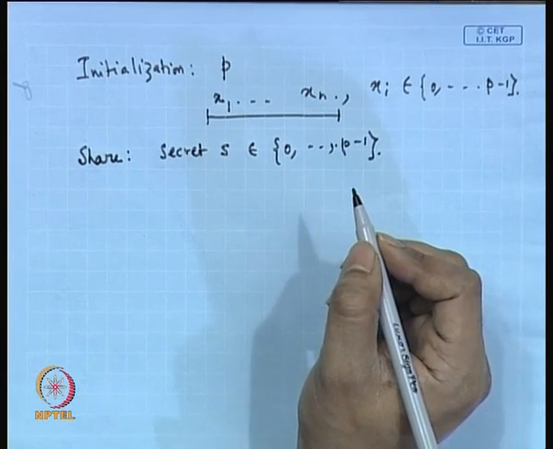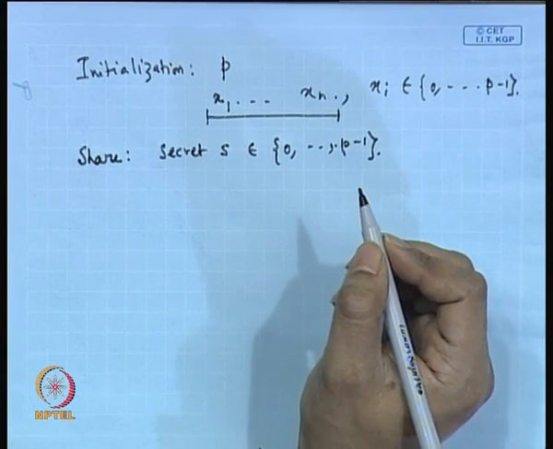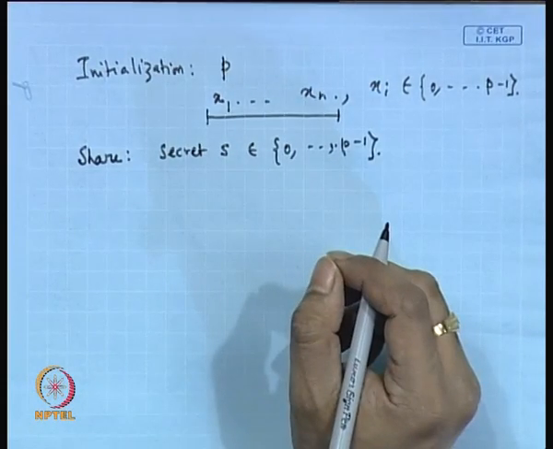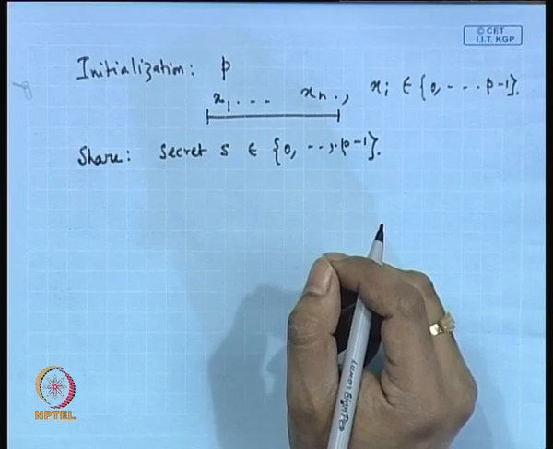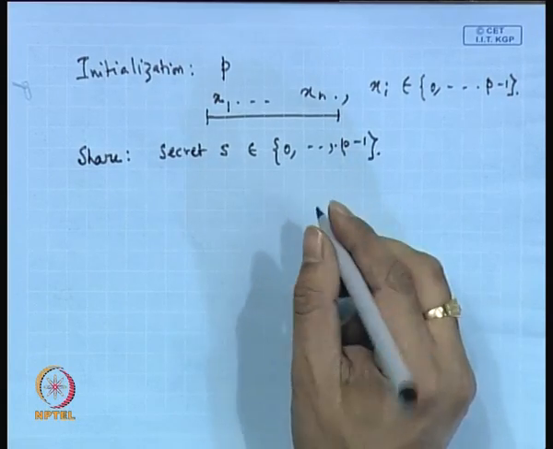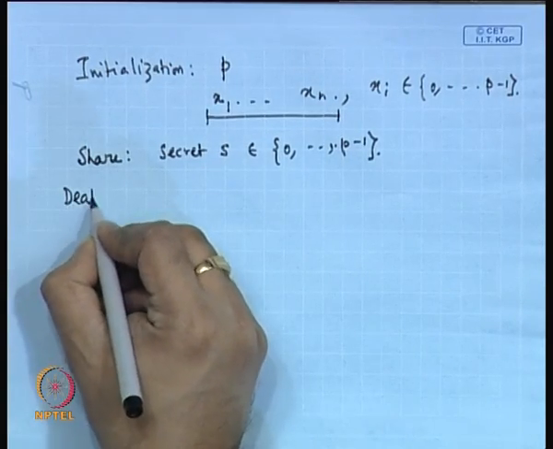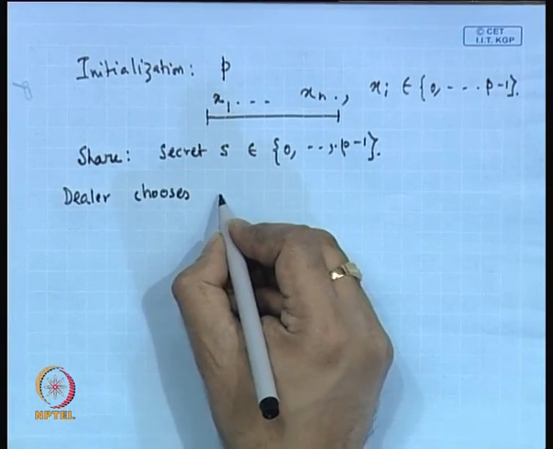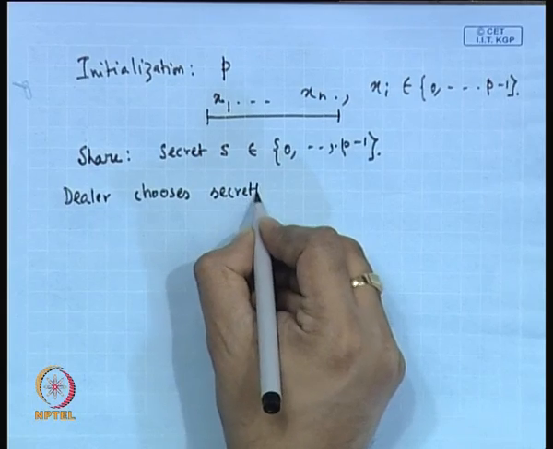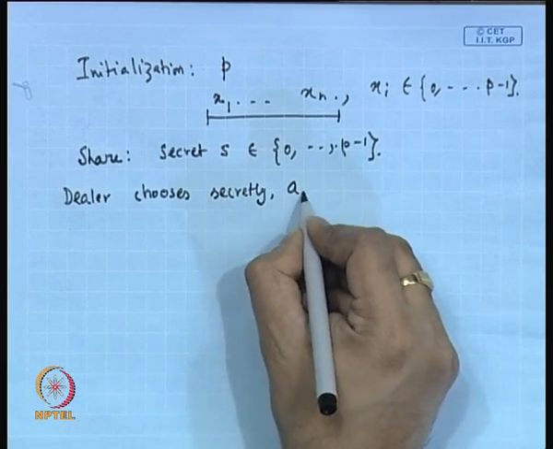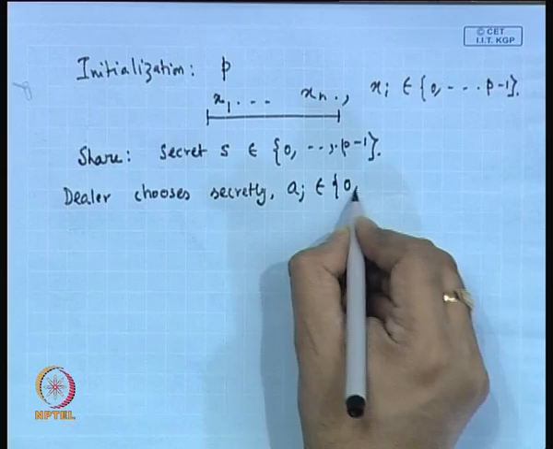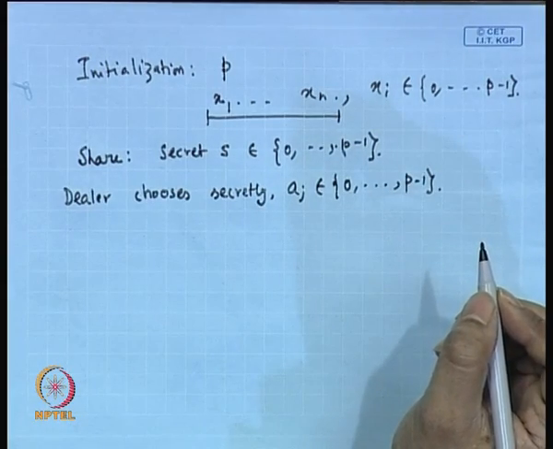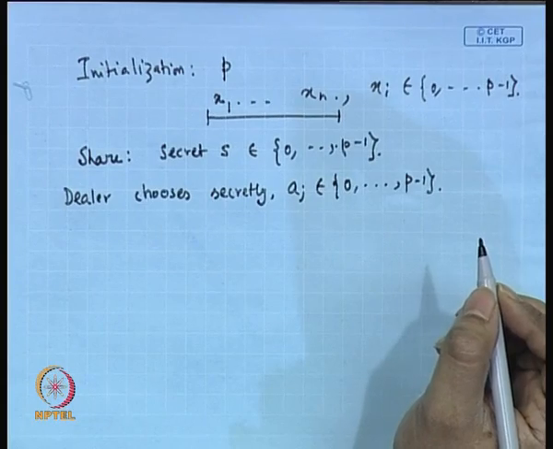What the dealer does is that the dealer secretly chooses some coefficients aj, where aj varies from 0 to p minus 1, and constructs a polynomial.